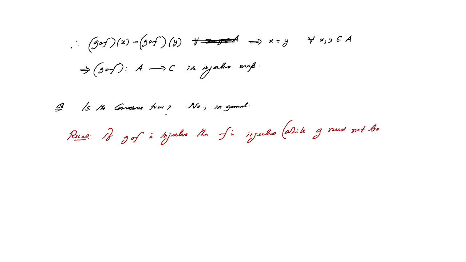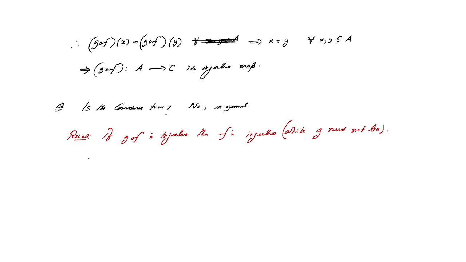It may not be injective for g, but f is always injective. That we can establish. So, in order to verify this, I'll give you an example where g composed f and f are injective, but g is not injective.